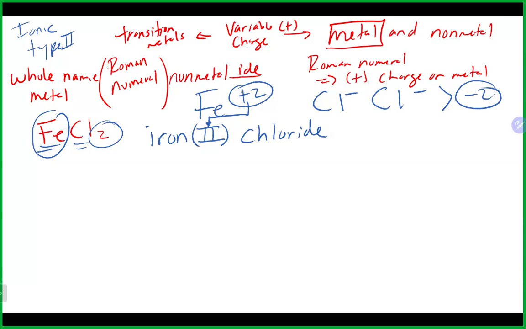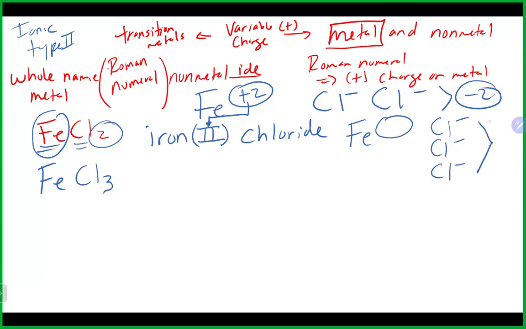The reason we need to use the Roman numeral is if I had FeCl3, I would still have a chloride, but now I have not 2, but 3, which means I have a -3 overall. And in this case, the iron actually has a +3 to balance it out.